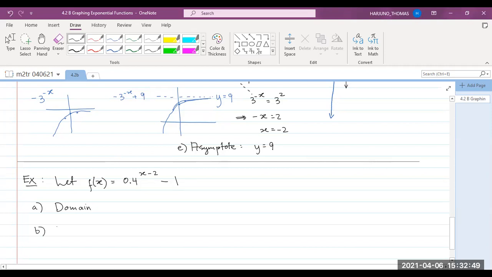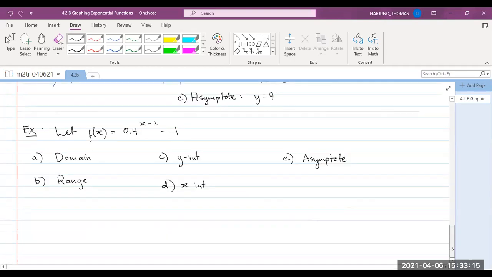Then what's the range? What's the y-intercept? The x-intercept. How about the asymptote? And after that, we graph.